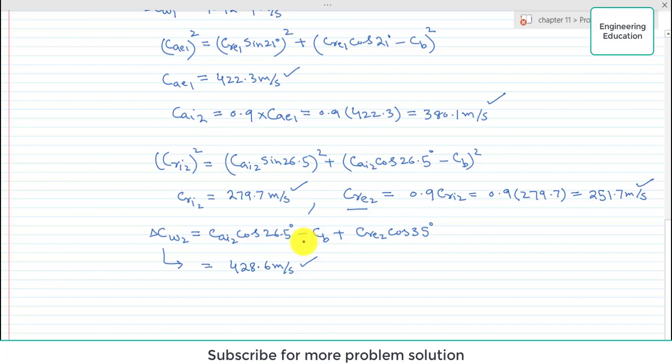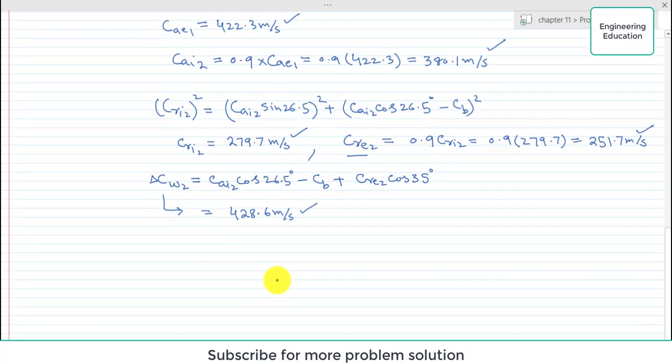Now it's very easy to find the diagram efficiency. So this is the part 1 of the problem.